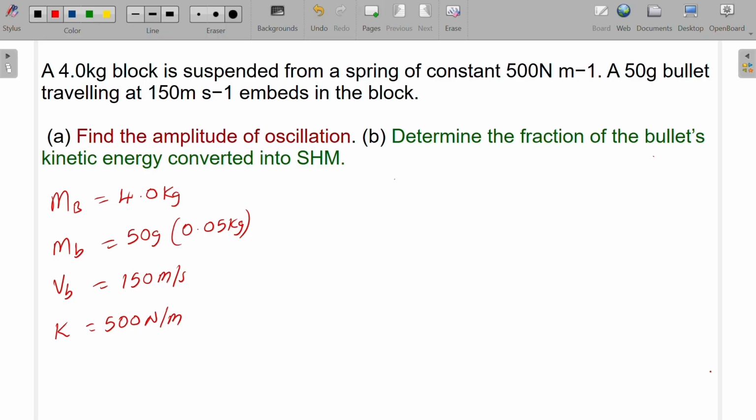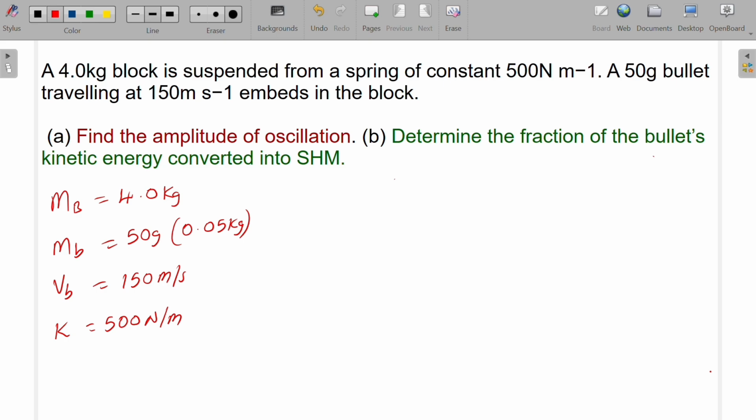Now, remember, just after collision, at that point, which is the mean position, or the position of origin, you find that that's the point where we have maximum velocity. Since at that point we have maximum velocity, it's the same point at which we have the maximum kinetic energy. At that point, the kinetic energy is at its maximum, and that's the energy of the whole system. So kinetic energy is equal to the energy of the system at that point.